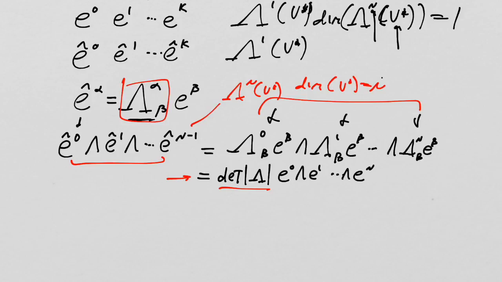So it's one-dimensional. Ultimately, being one-dimensional, any linear transformation of the basis vectors can only return to you a number times the same basis, right? And there's only one way to generate a number out of a linear transformation, and that's to take its determinant.